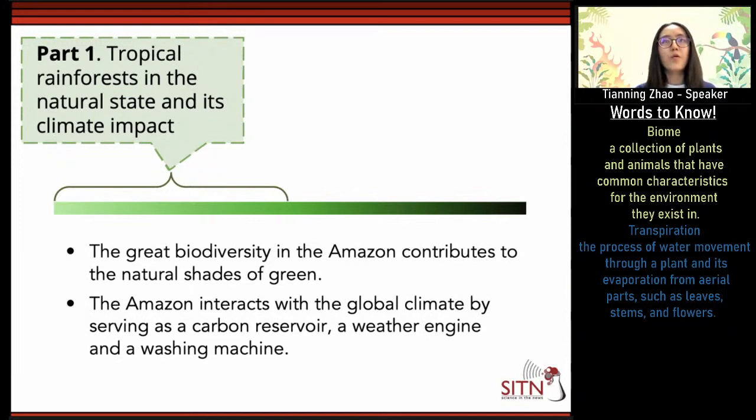So the answer to that question is that part of it is cleaned locally, and part is cleaned globally. And the Amazon region, because of its abundance of water vapor as well as sunshine or solar radiation, could help clean those long-lived air pollutants globally.